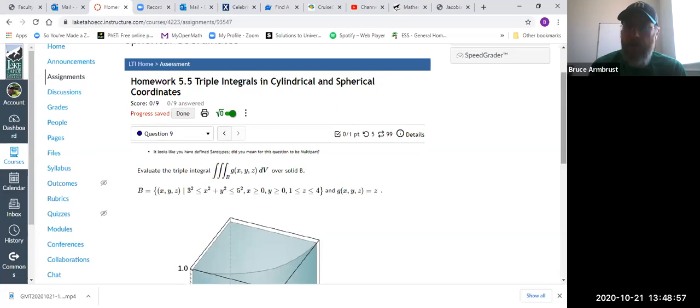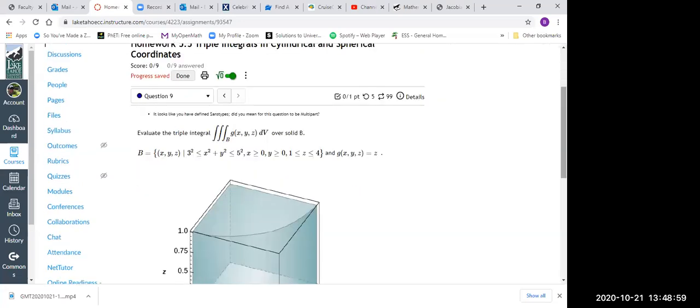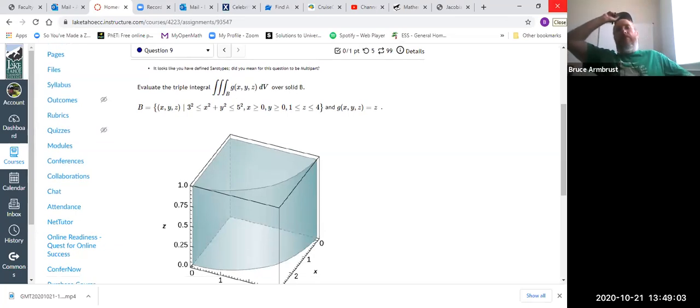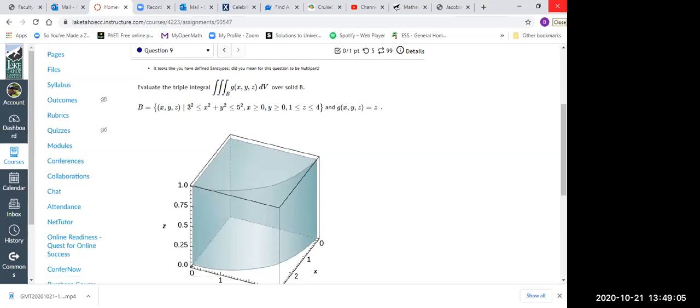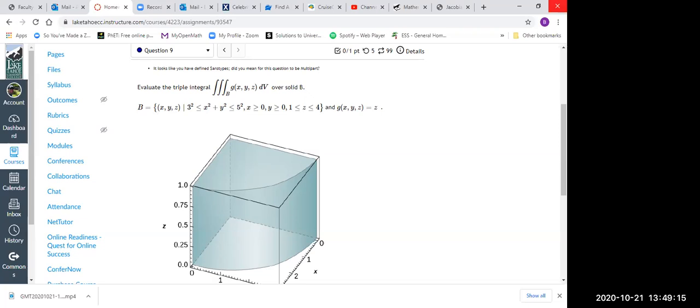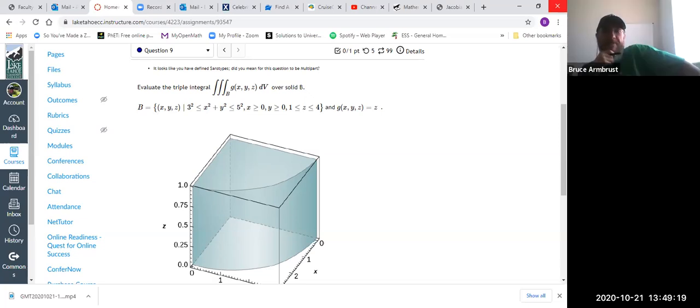What's yours look like? Mine is a spherical region. My region E is bounded above by a sphere and within a cone, and then z is greater than or equal to 7. So yeah, it's not really like this.